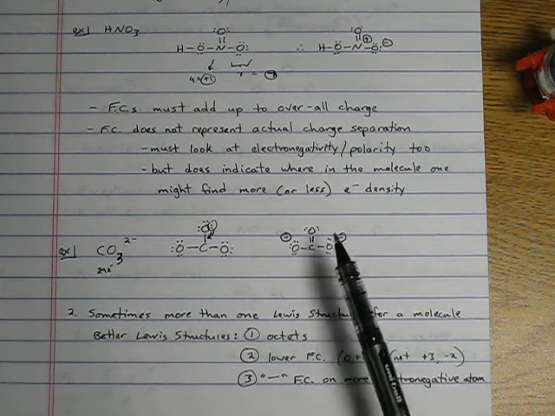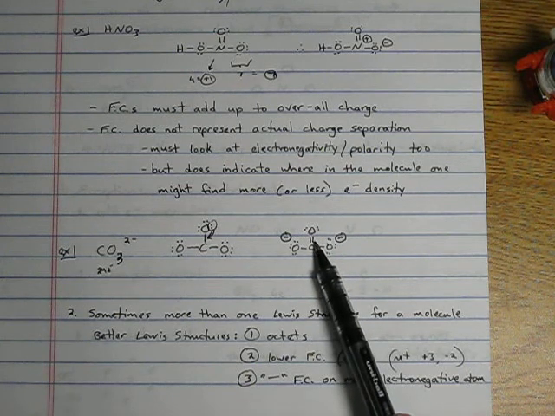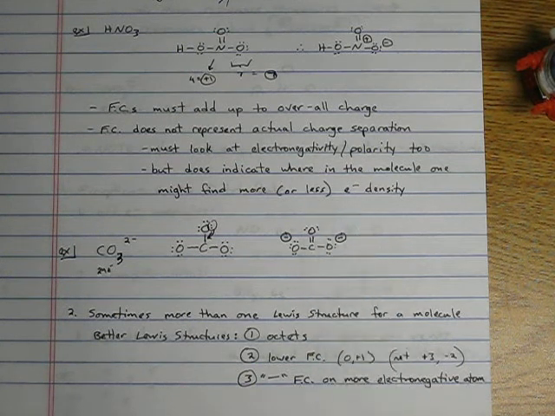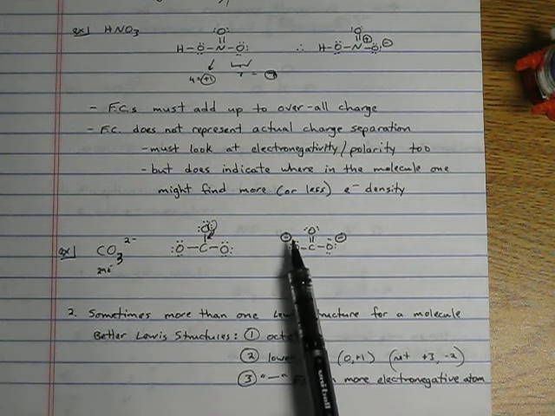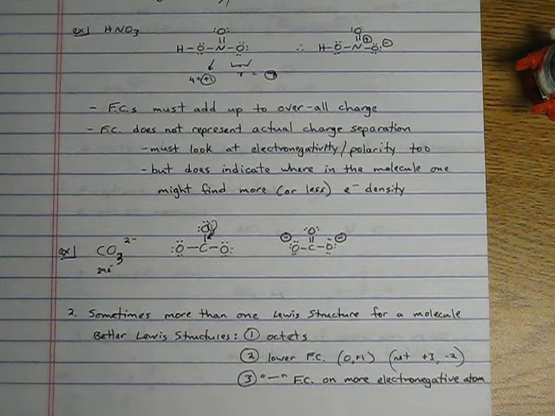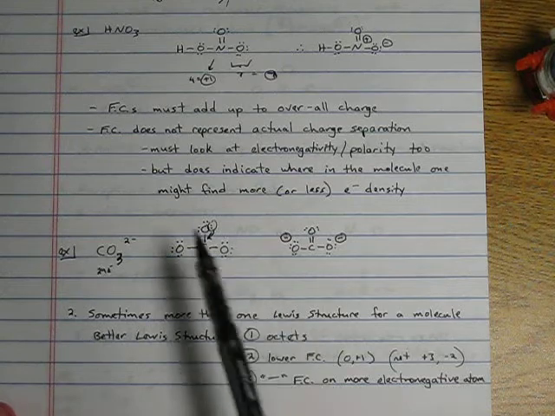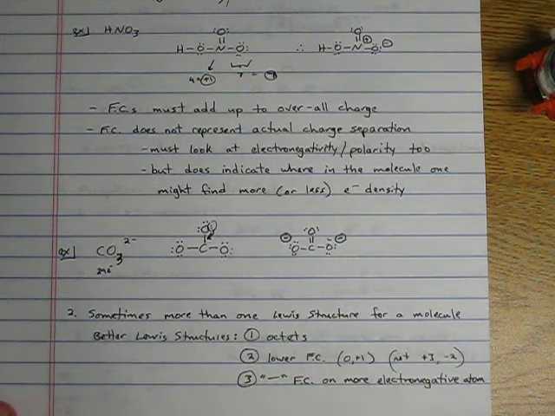When counting for formal charge, 1, 2, 3, 4. Well, 4 valence electrons for carbon minus 4 means this carbon has no formal charge, which means, wait a minute, I've got a negative formal charge and negative formal charge there. That's a 2 minus overall with our formal charges. Recall the formal charges must add up to the overall charge.